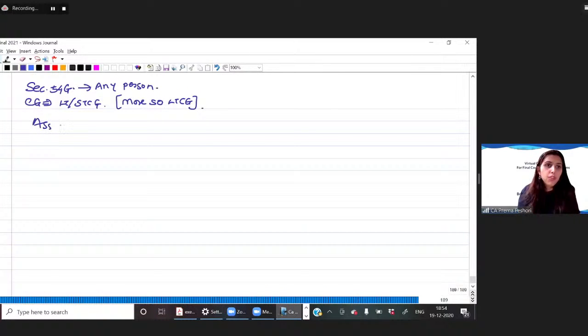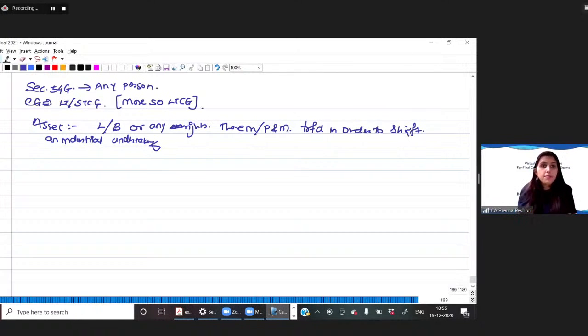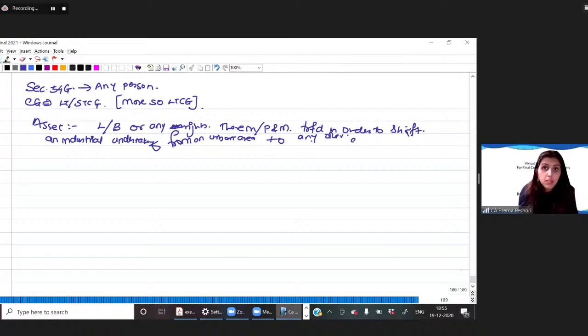What is the asset which should be transferred? Land or building or any rights therein, or plant and machinery, transferred in order to shift an industrial undertaking from an urban area to any other area other than urban area.